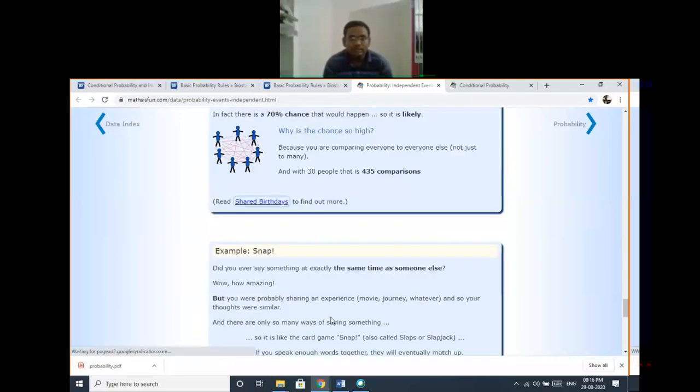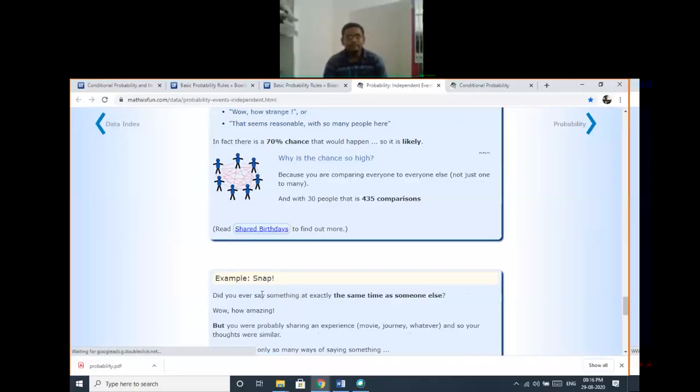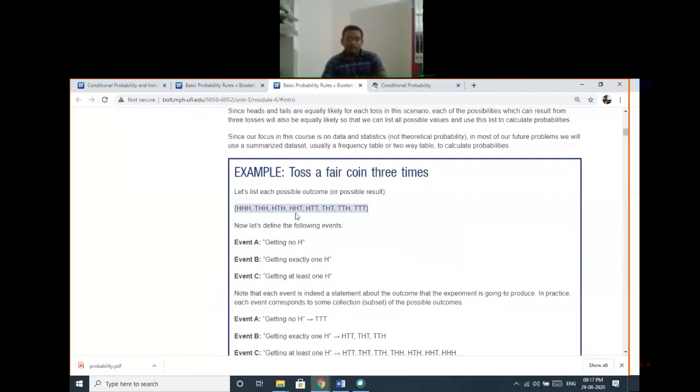Let's see some other example. So these are the outcomes, the sample space of the event when you are tossing three coins simultaneously.